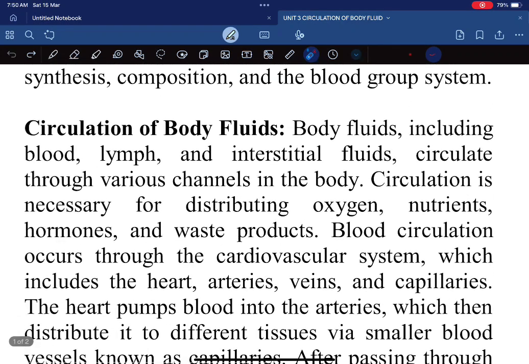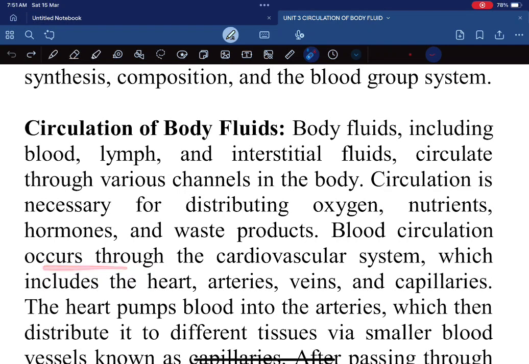Circulation of body fluids. Body fluids including blood, lymph, and interstitial fluids circulate through various channels in the body. Circulation is necessary for distributing oxygen, nutrients, hormones, and waste products.